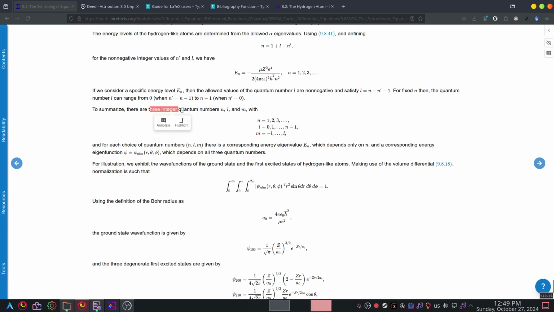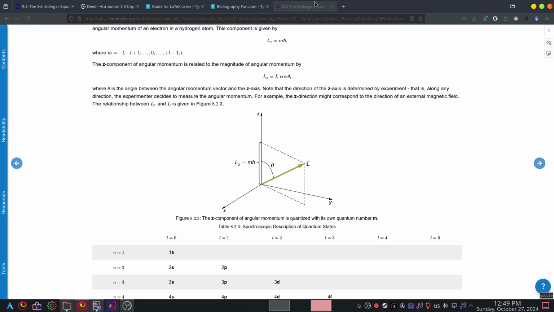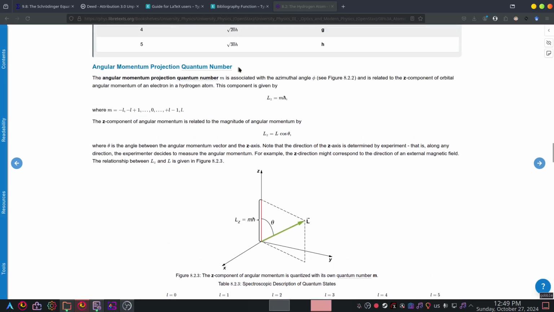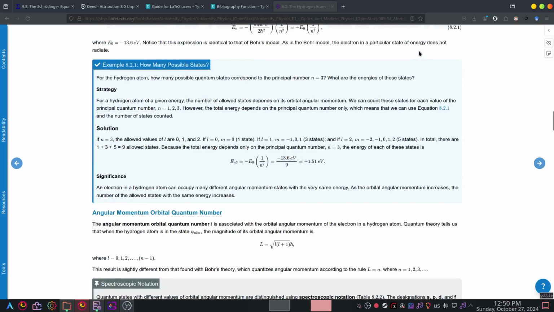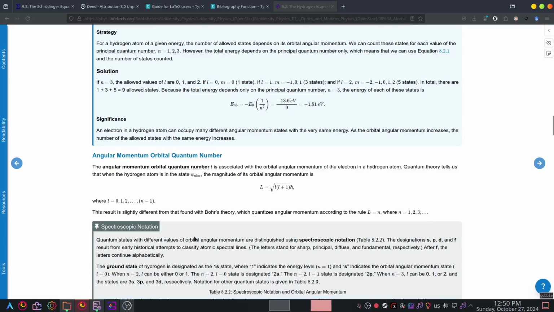See these three integer quantum numbers n, l, and m. n deals with energy levels, and L deals with the angular momentum. If you look at the LibreTexts physics text here, L is angular momentum, the principal quantum number is n, and the angular momentum orbital quantum number is L. In the 1D case, there's no angular momentum because you only move in the x direction.